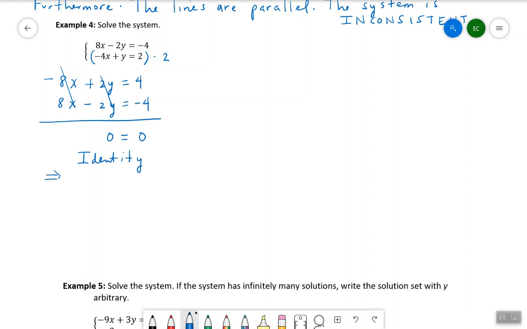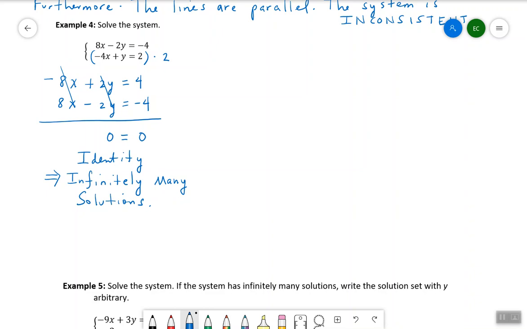And the conclusion then is that there are infinitely many solutions. We could also go on to say that the lines are coincident and that the equations are dependent.